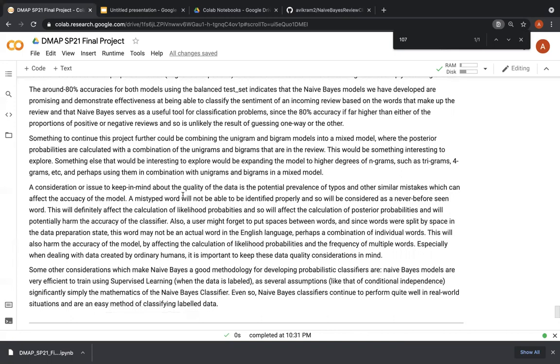An issue definitely with the data that we had, and this speaks to the quality of the data, is the potential prevalence of typos and other grammatical mistakes, and some weird characters, which can affect the accuracy of the model.